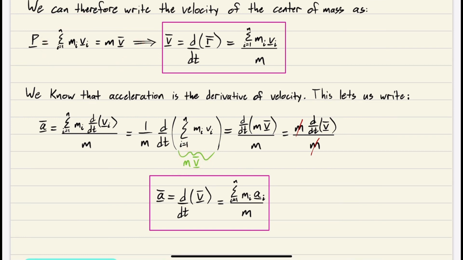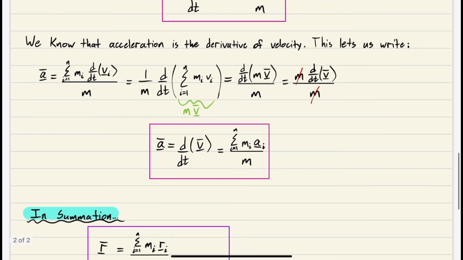So that means we're left with d/dt of M V-bar over M. You can take M out of the derivative, the M's cancel, and then we're just left with d/dt of V-bar. So the acceleration of the center of mass is the derivative of the velocity of the center of mass, which is equal to this notation right here, which is that weighted average of all the accelerations for each particle divided by the total mass.